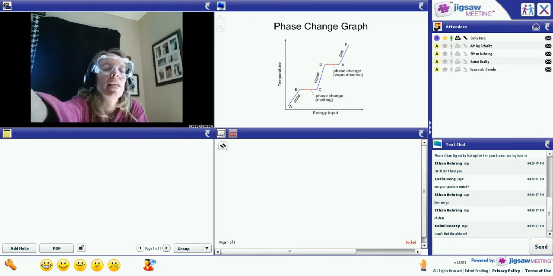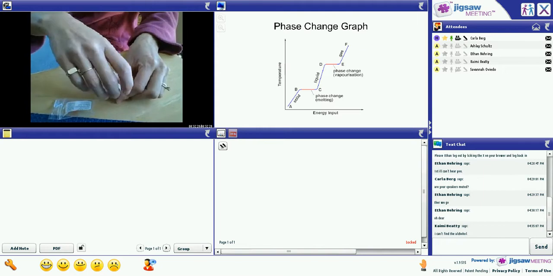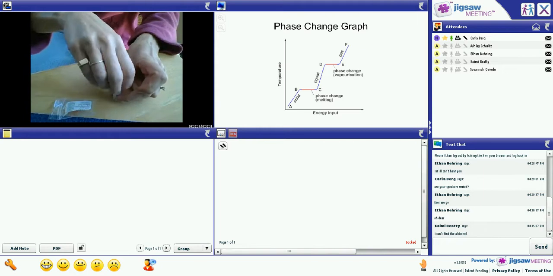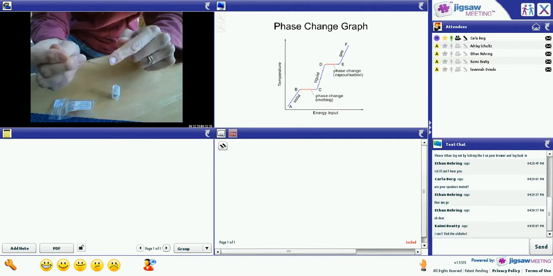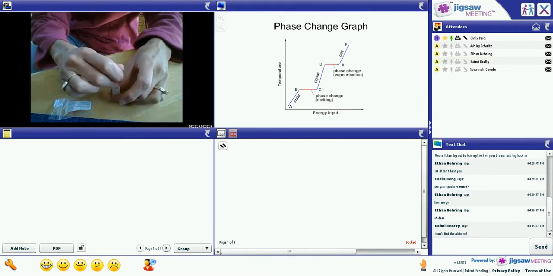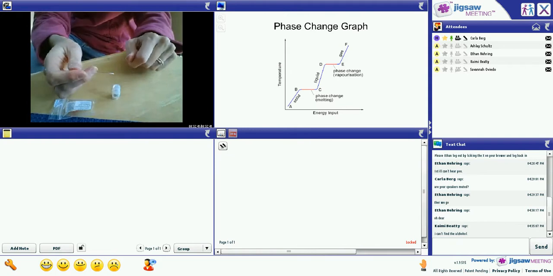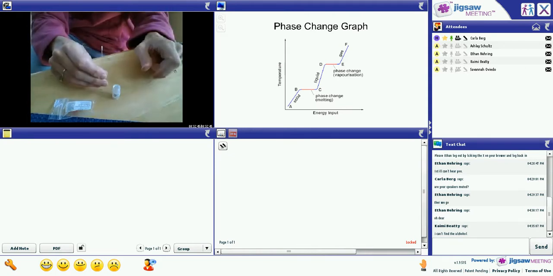Now I'm going to angle my camera, and I would like you to watch me do this before you attempt it. To do so, you're going to open your cetyl alcohol. You're going to take the open end of your capillary tube, push it in. Now if you look, I have a little bit in my capillary tube.